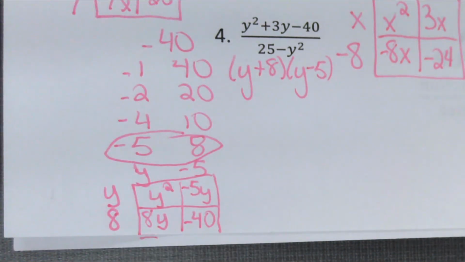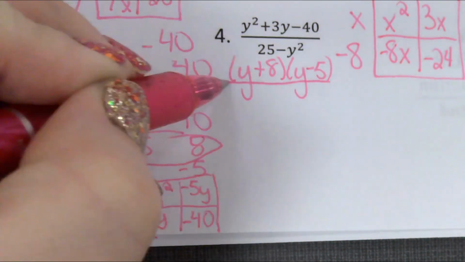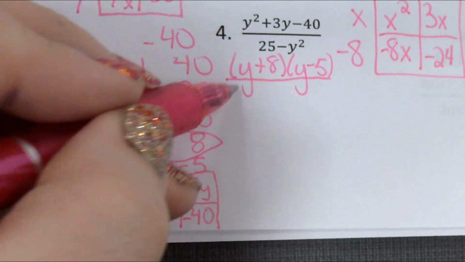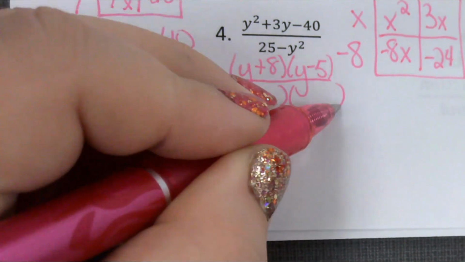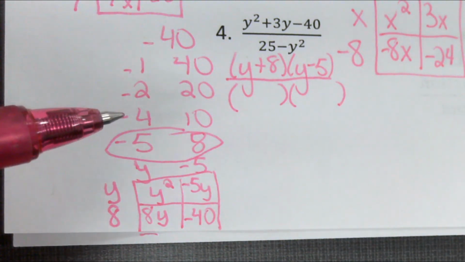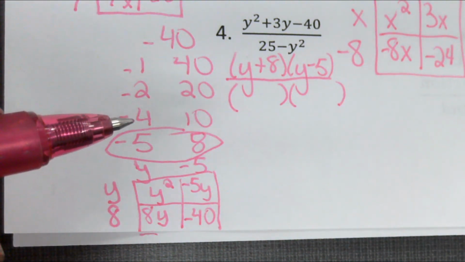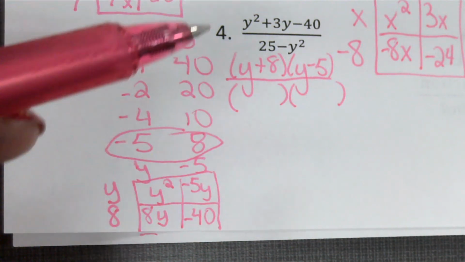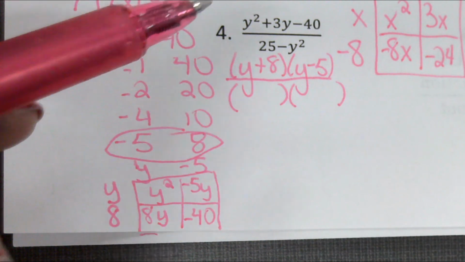My denominator looks like it's already set up to be difference of squares. So I'll need 2 sets of parentheses because I have 2 perfect squares with a minus in the middle. Now don't be fooled, our previous sets of perfect squares, our difference of 2 squares, had the variable happening first. In this case, we don't have the variable happening first.